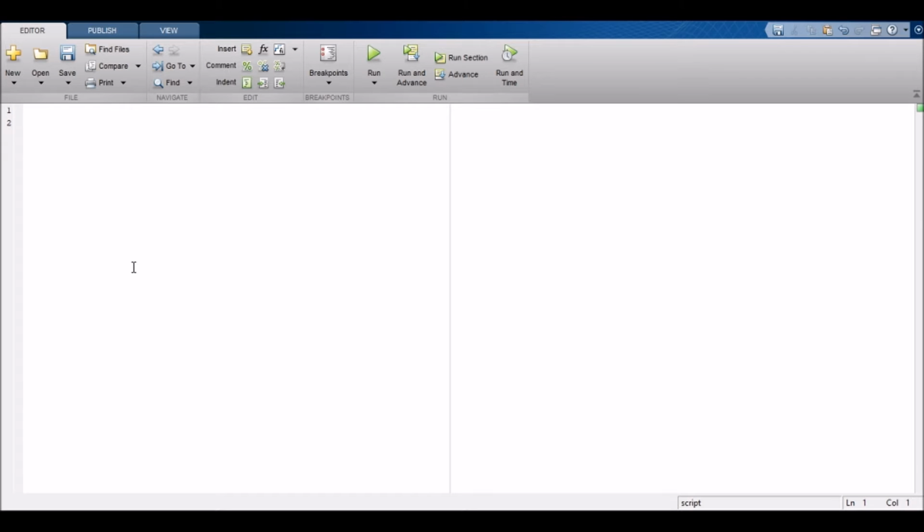We solve example number 6 by using MATLAB. Here, example number 6 is higher order differential equation with variable coefficient, that means Cauchy's equation. Now for this, first step is syms y of x.